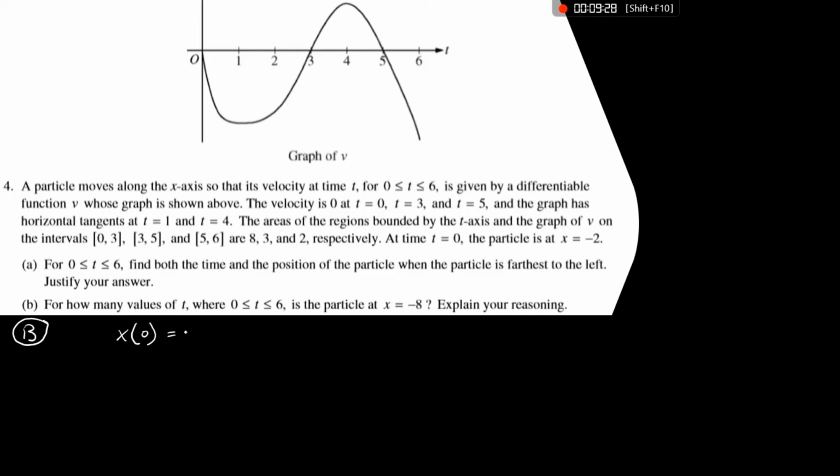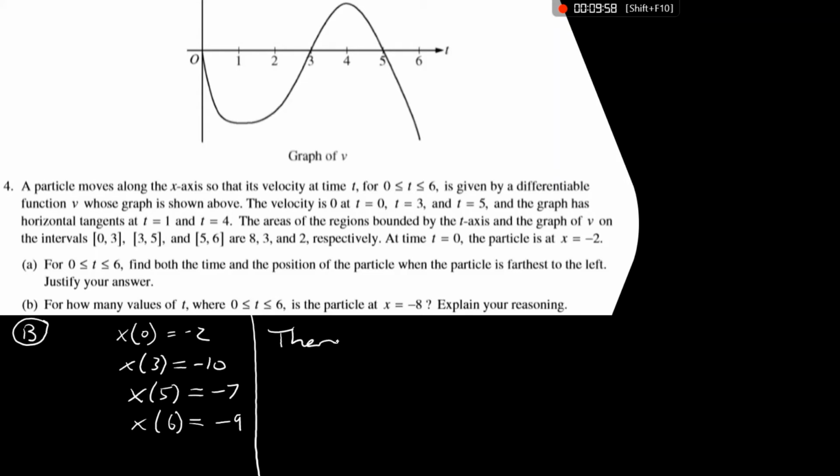So at some point there should be 1, and negative 9 is the end at 6. So we have 3 times. Okay. So there are at least 3 values.